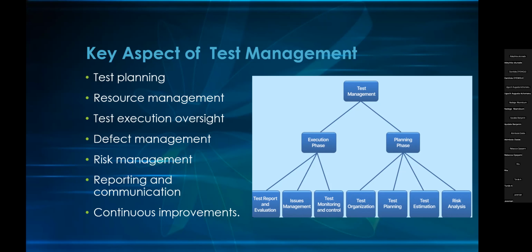Test managers oversee the execution of testing activities, monitoring progress, and ensuring that testing tasks are carried out according to the established test plan and quality standards. They also coordinate with the development team to schedule testing cycles, and they are responsible for prioritizing test execution based on project needs. So it all depends on the projects.